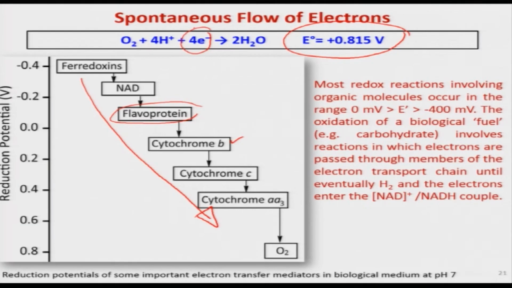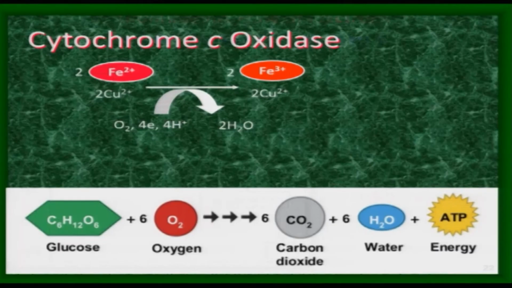You need 4 electrons all at a time, and of course, protons would be there, and this dioxygen is converted to water. So, this is what is happening, that dioxygen at this potential of 0.815 with the help of 4 protons and 4 electrons converts to water, releases energy, and this is what is happening in cytochrome C oxidase.